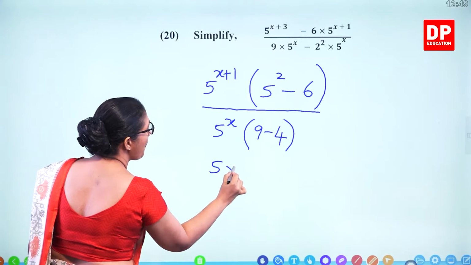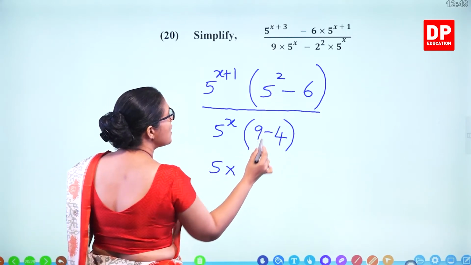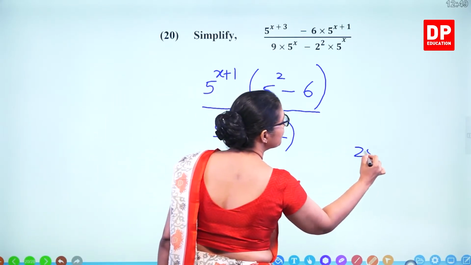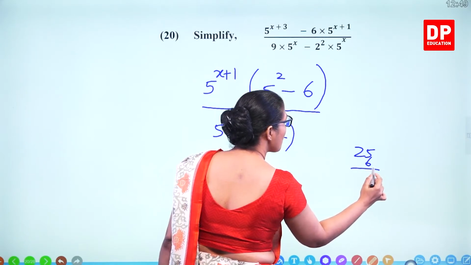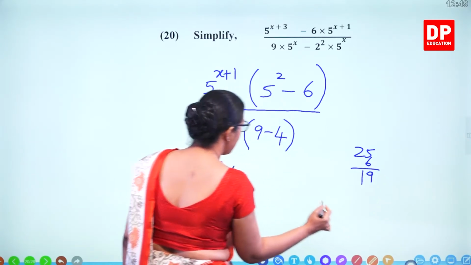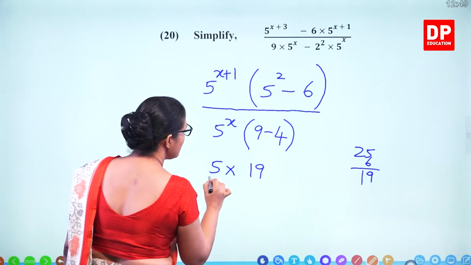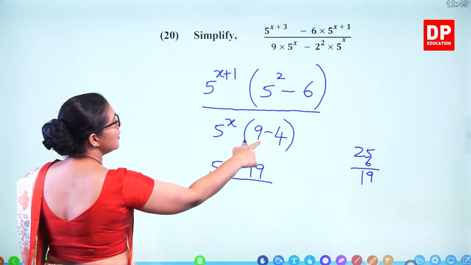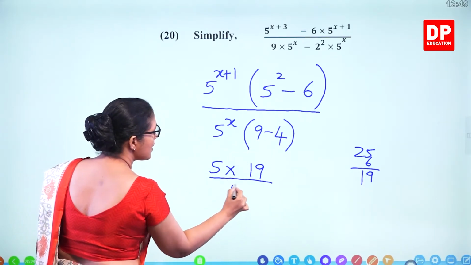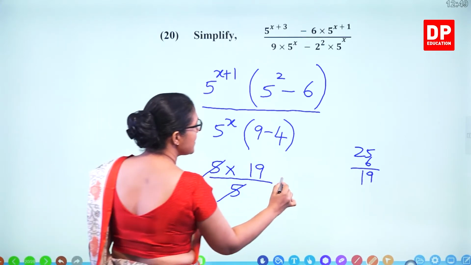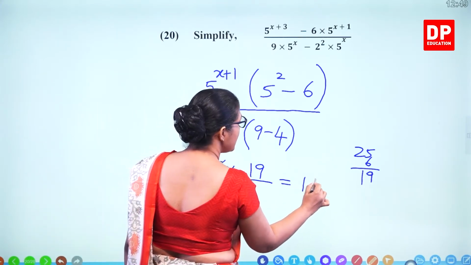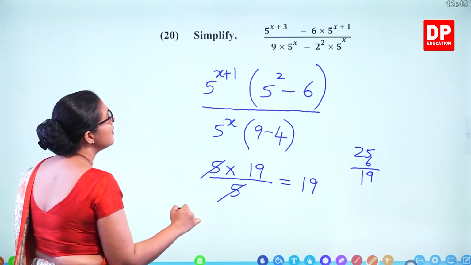You get 5. 5 squared is 25 minus 6, 19. Divide by 9 minus 4, that's 5. 5 and 5 get cancelled out. You get 19 as the answer.